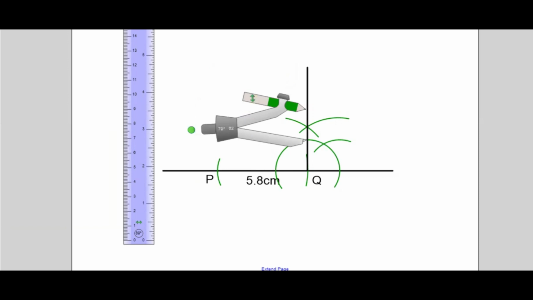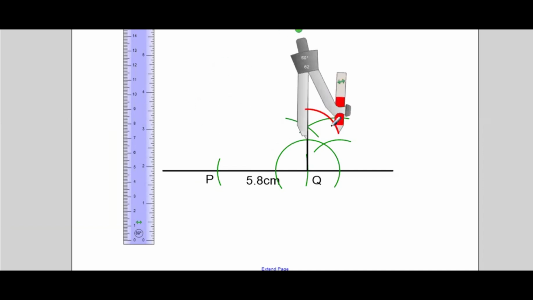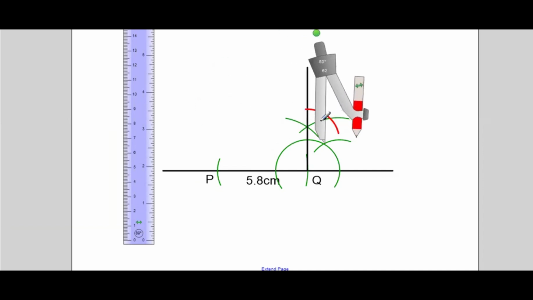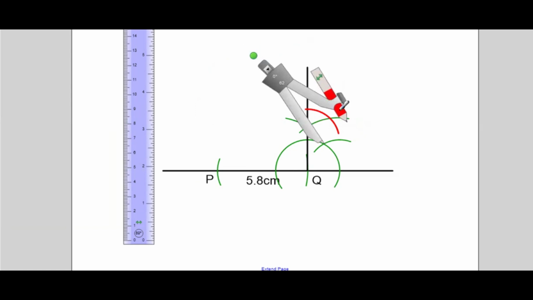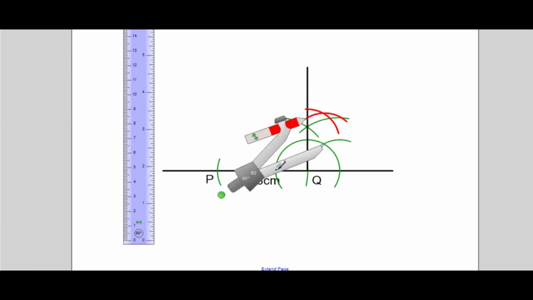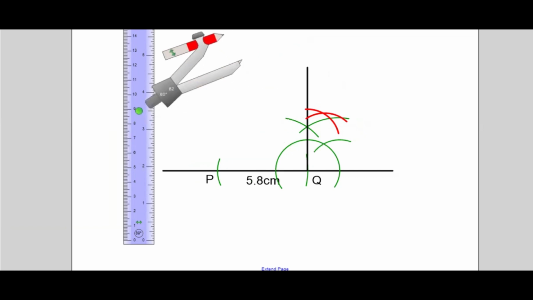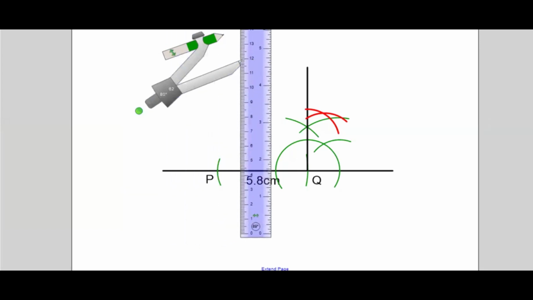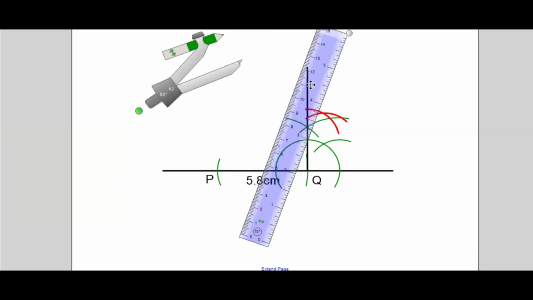Let me change pen so that the arcs will not look alike. On this place, I draw the first arc. Then I come back here and draw the second arc. All right, so the two meet at that point. Let me place my ruler.